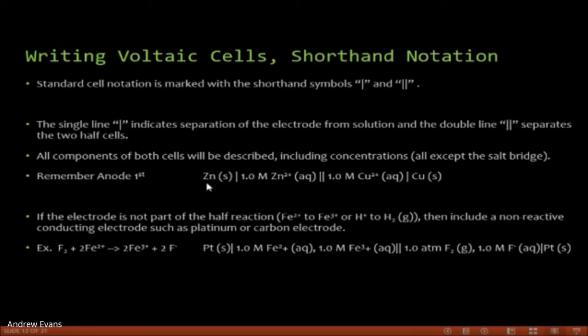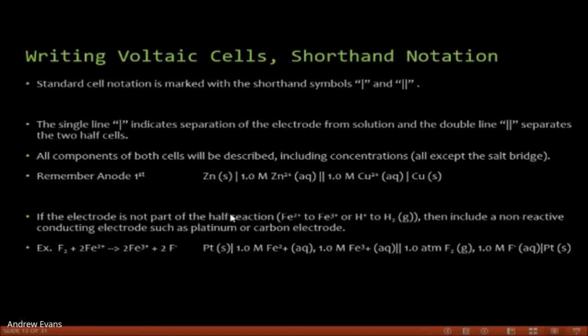So looking at this, we're saying a zinc solid electrode is dipped into 1 molar zinc solution. And on the other side, 1 molar copper solution is dipped into a copper electrode. So zinc is going to zinc 2+, copper 2+ is going to copper solid.